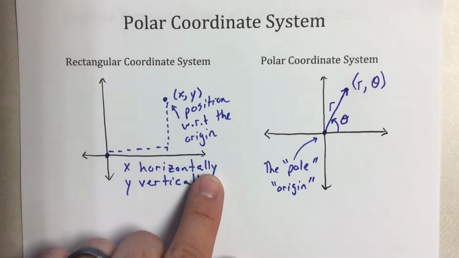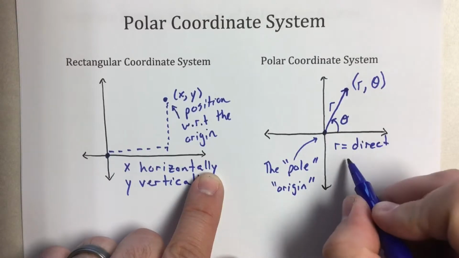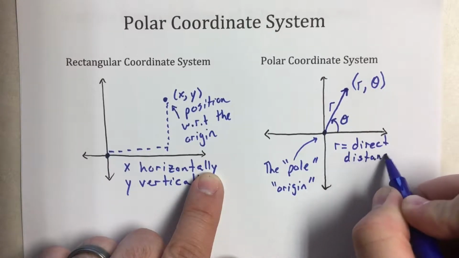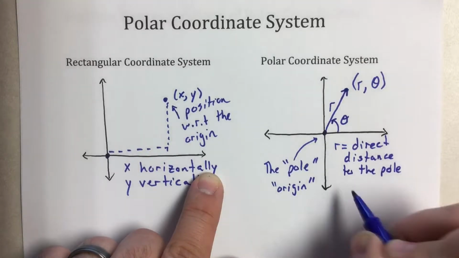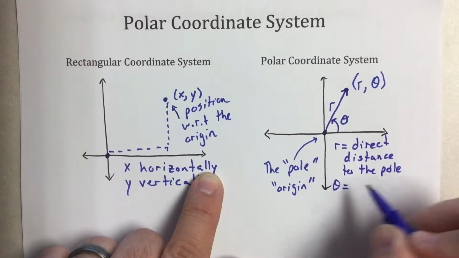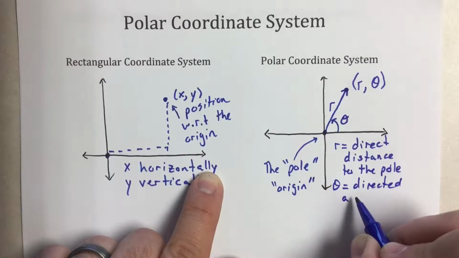So I'm just going to say this here. R is the direct distance to the pole, and theta is our directed angle, or direction angle.